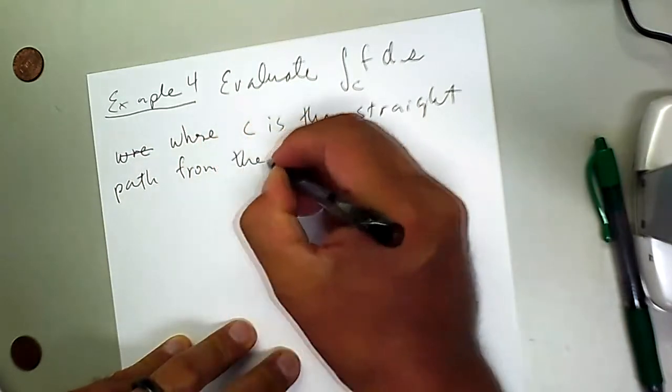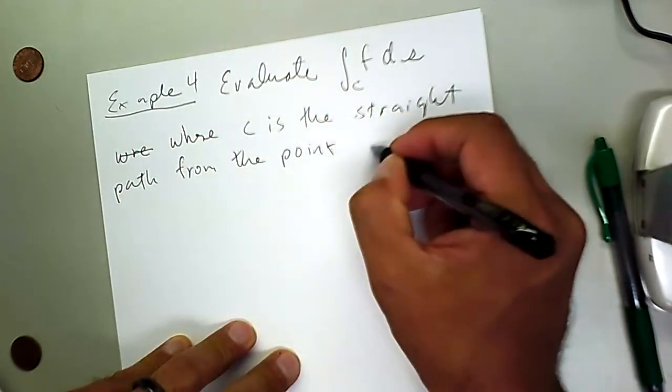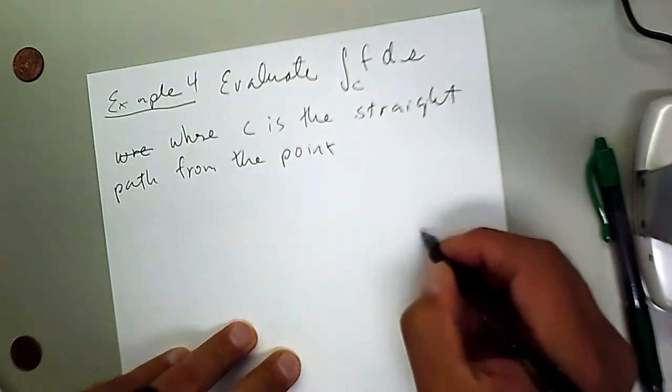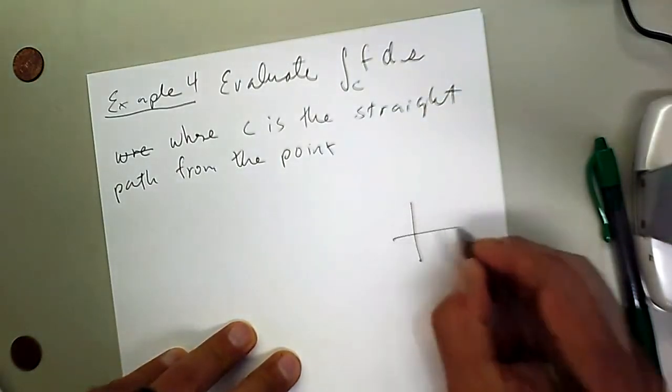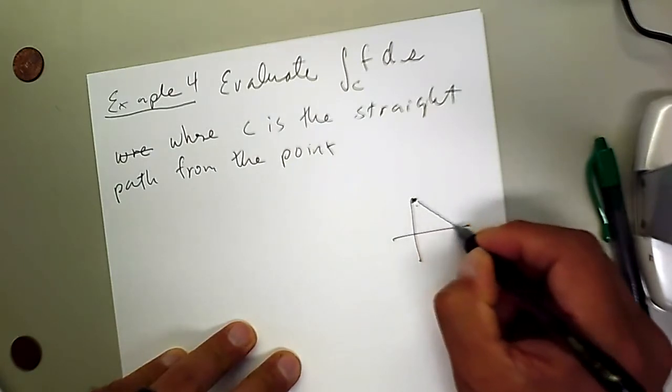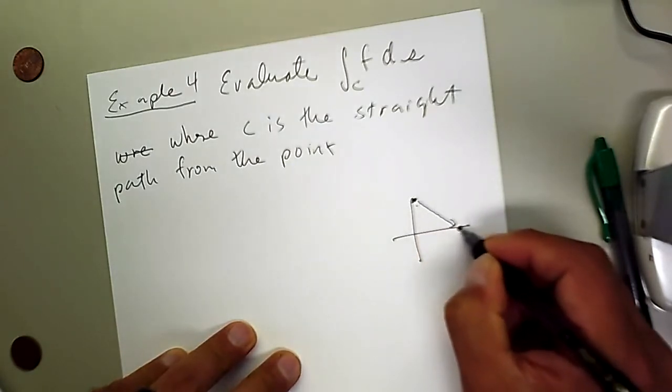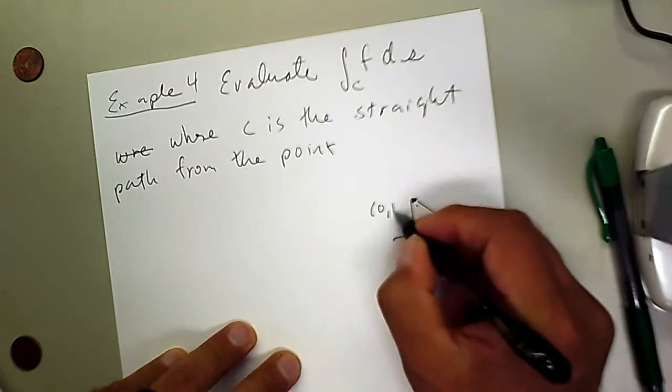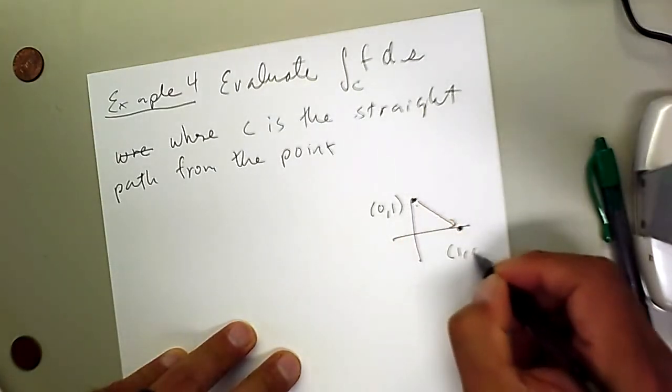from the point, let me draw a quick picture so I know. So this point to this point down here. So from 0, 1 to 1, 0.